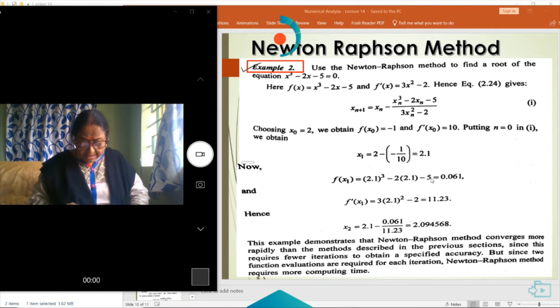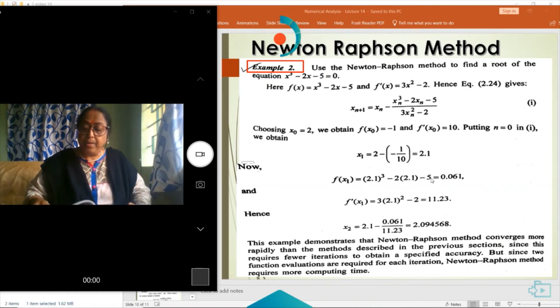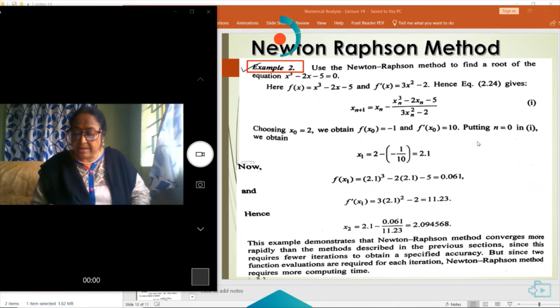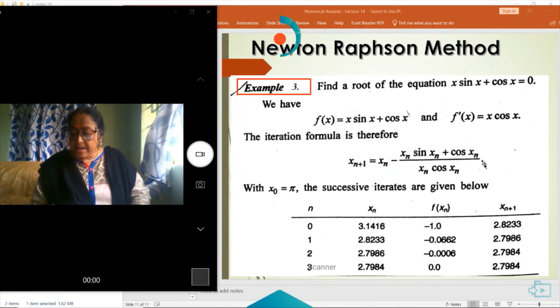Choosing x0 equal to 2, we find fx0 is equal to minus 1 and f dash x0 is 10. Putting n equal to 0, we obtain x1 is equal to 2 minus 1 by 10, which is 2.1. Now fx1 can be calculated. Similarly f dash x1 is calculated, and we get the value of x2.